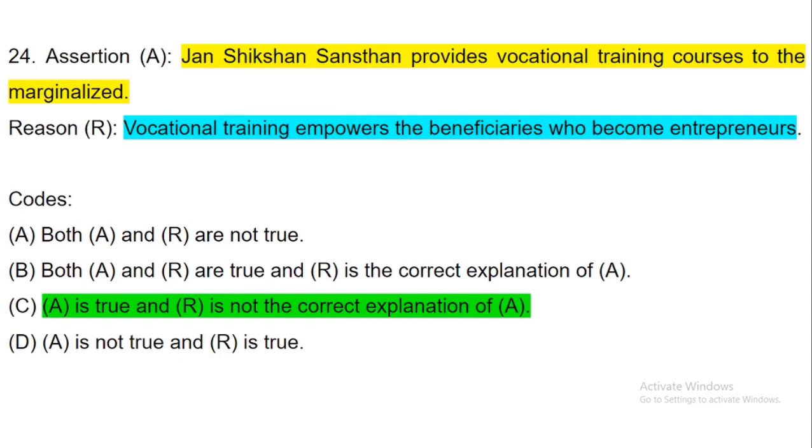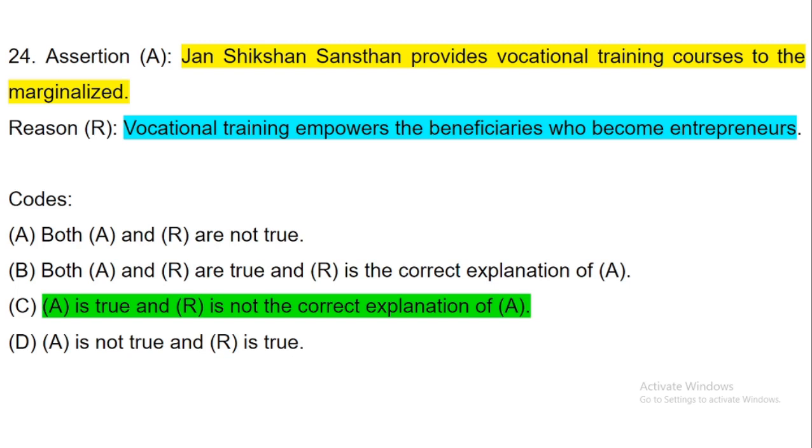Next question, Jan Shikshan Sansthan provides vocational training courses to the marginalized. Yes, it is true, because it provides vocational training, that is skilling training, to the marginalized group, that is the disadvantaged group. Now, vocational training empowers the beneficiaries who become entrepreneurs. No, it's not only for that cause. Vocational training empowers, educates and skills people who have fewer skills.